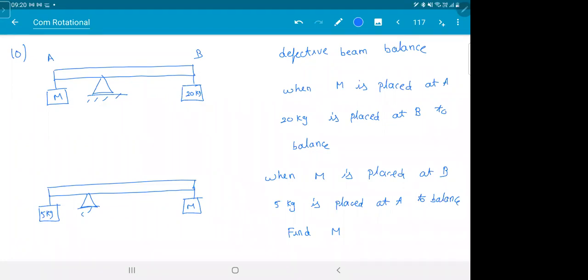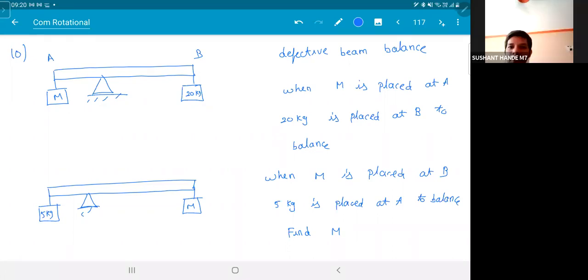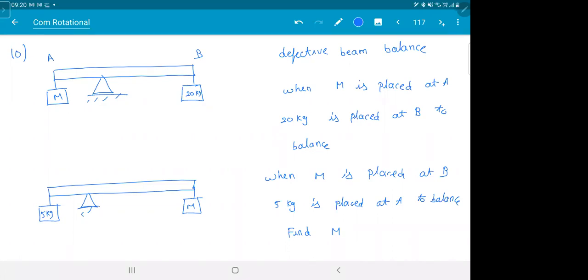Give it a try. I'll give 2-3 minutes. But what will be the length? It doesn't matter. Assume something. Assume L1, L2.